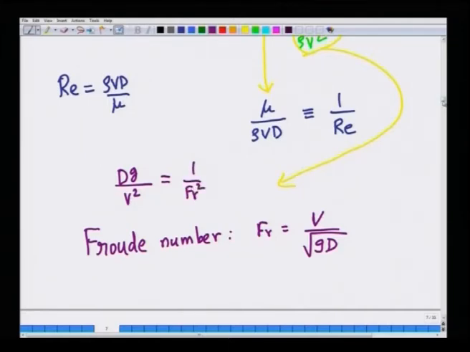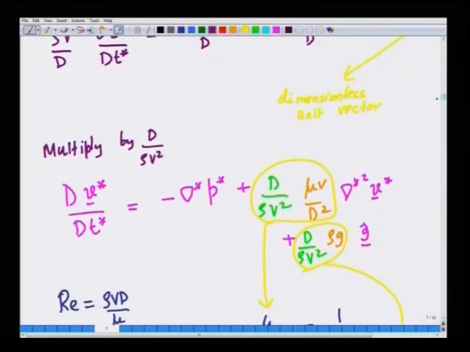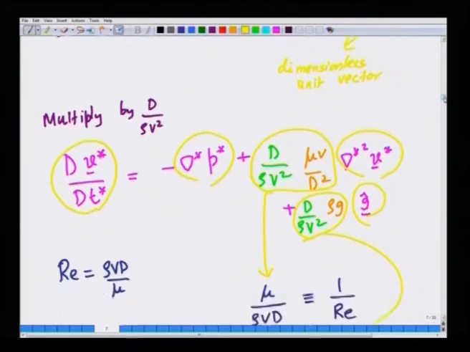Okay. So, if you look at this equation, all these terms are non-dimensional. This is non-dimensional, this is non-dimensional, this is non-dimensional, this is non-dimensional, and these two groups that multiply the viscous term and the gravity term, they are also non-dimensional. One is Reynolds number, other is related to the Froude number.